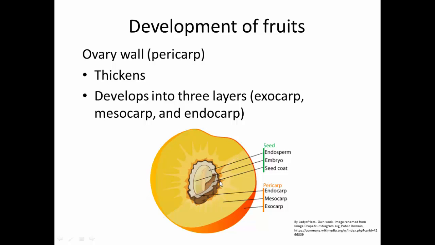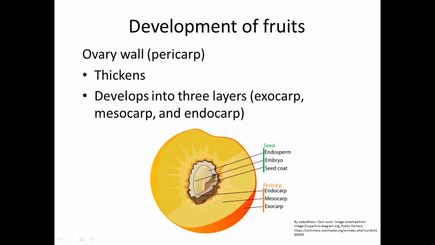The mesocarp, which is the large fleshy part of the fruit. And then the innermost part of the fruit is called the endocarp. And in the case of the stone fruits, that endocarp is shown here in brown, and it's really, really hard. So that's probably what you call the pit. That is not the seed. If you break open that stony endocarp, you find the seed inside.